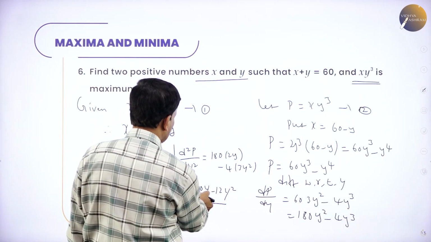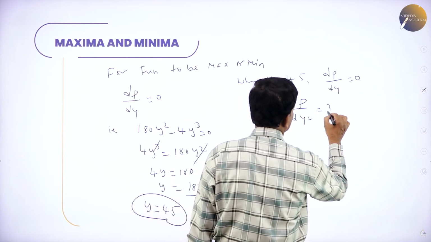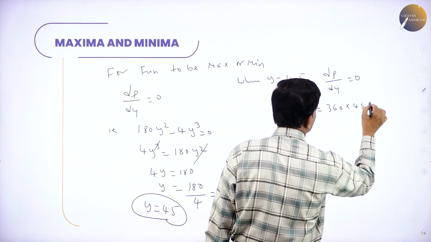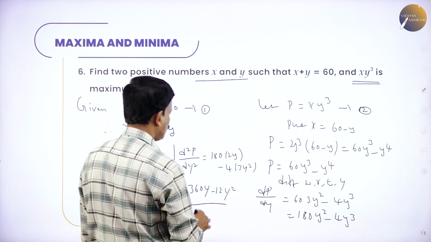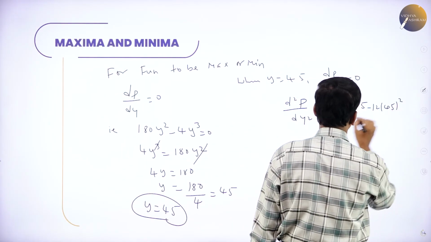If you substitute 45 here, 360 into 45 minus 12 into 45 square.